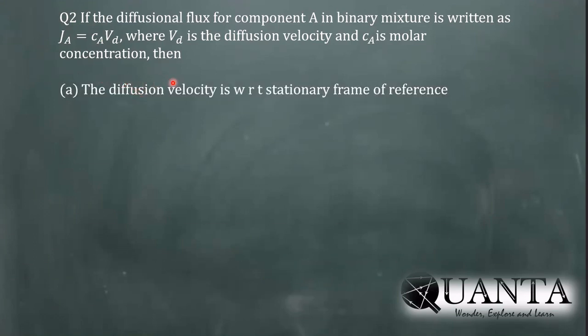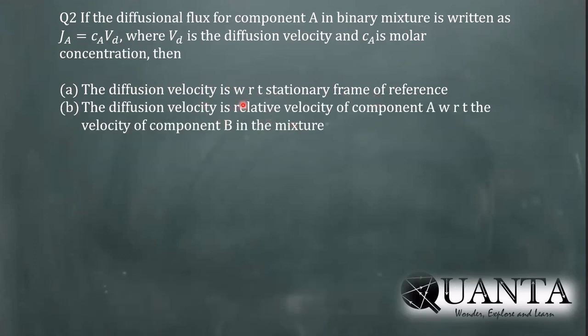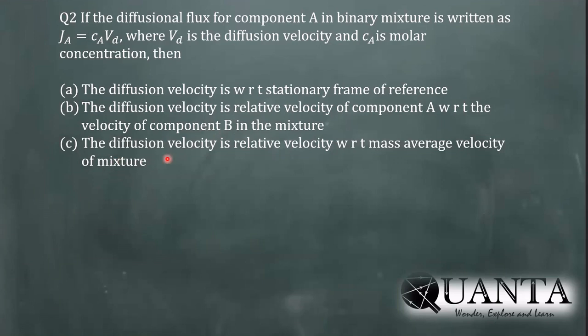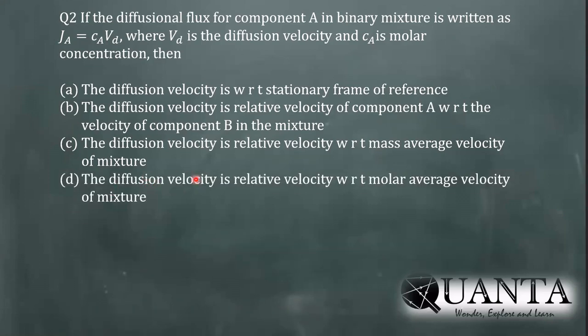The diffusion velocity is with respect to a stationary frame of reference. The diffusion velocity is the relative velocity of component A with respect to the velocity of component B in the mixture. The third option: the diffusion velocity is the relative velocity with respect to the mass average velocity of the mixture. And the fourth: the diffusion velocity is the relative velocity with respect to the molar average velocity of the mixture.